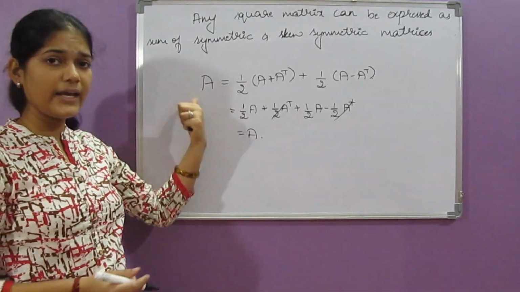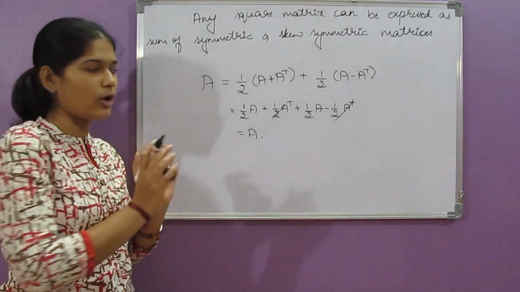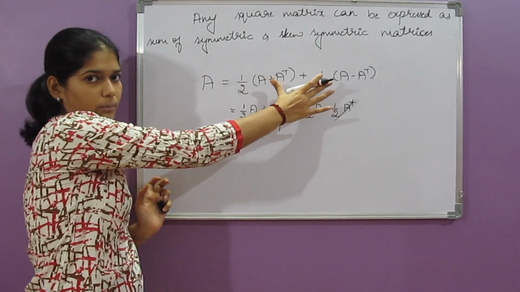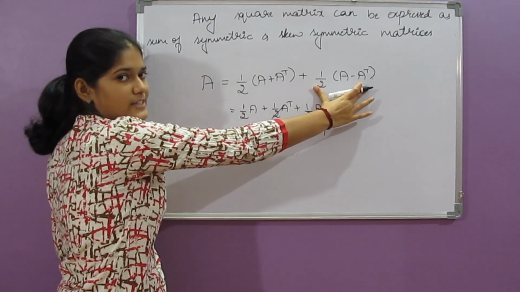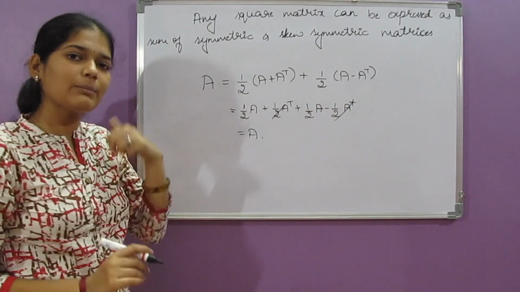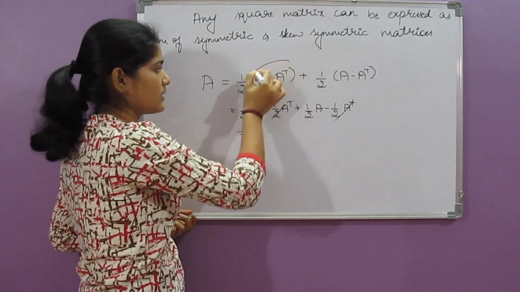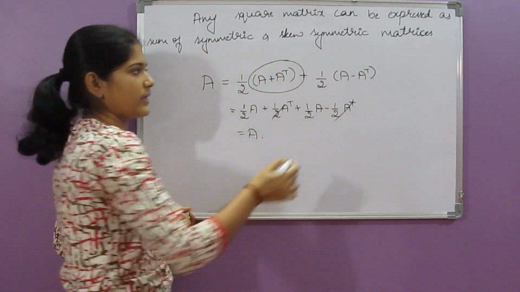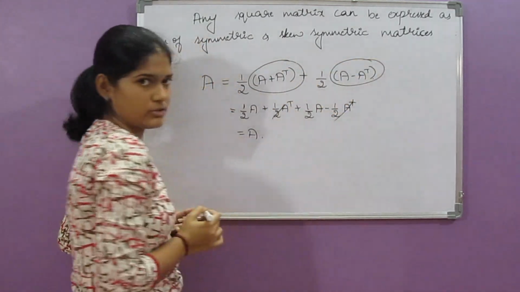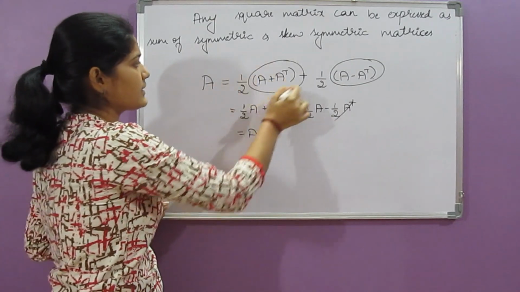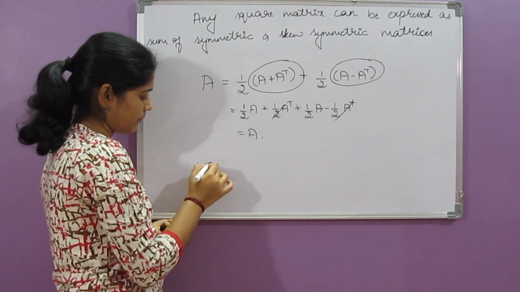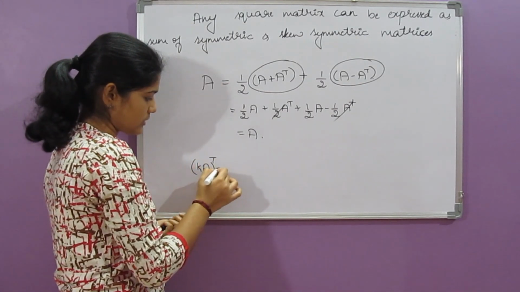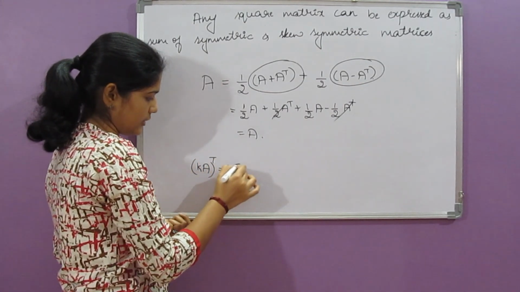So it is possible to write A in this form. Now we have to prove this is a symmetric matrix and this is a skew-symmetric matrix. From the previous result, we know that this is always symmetric and this is always skew-symmetric. What about this matrix? We know that K into A whole transpose is equal to K into A transpose.